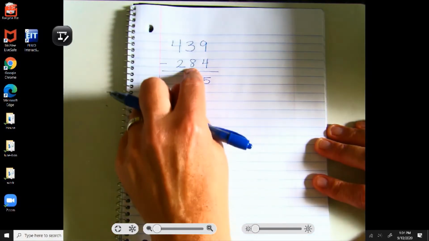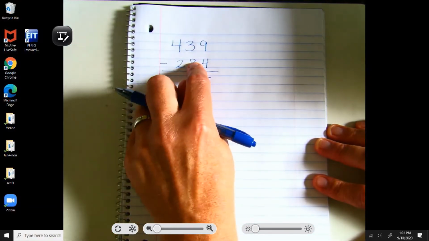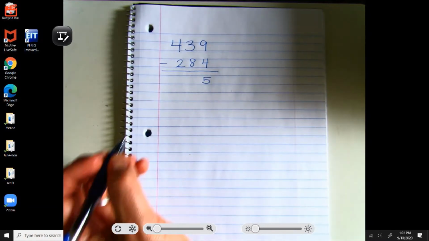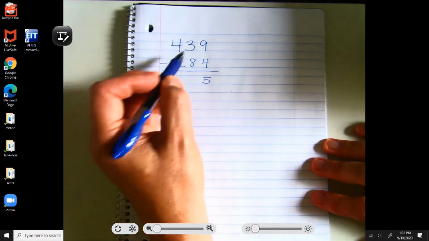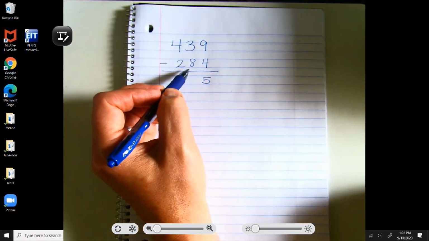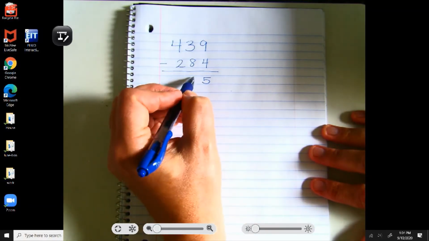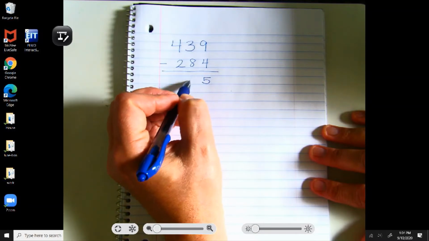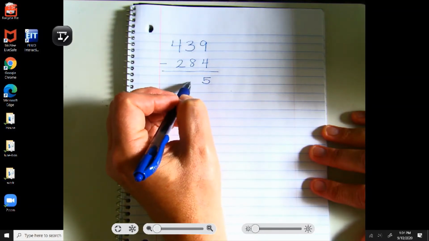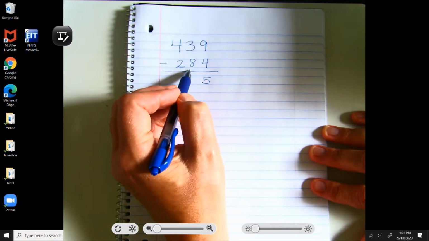I'm finished with my ones. I move over here to the tens. 3 minus 8. Sorry, scholars. So 3 minus 8. Here's where I'm seeing some trouble. I'm seeing people write 5 right here. Right? 8 minus 3 is 5. But scholars, that's not what this problem is.